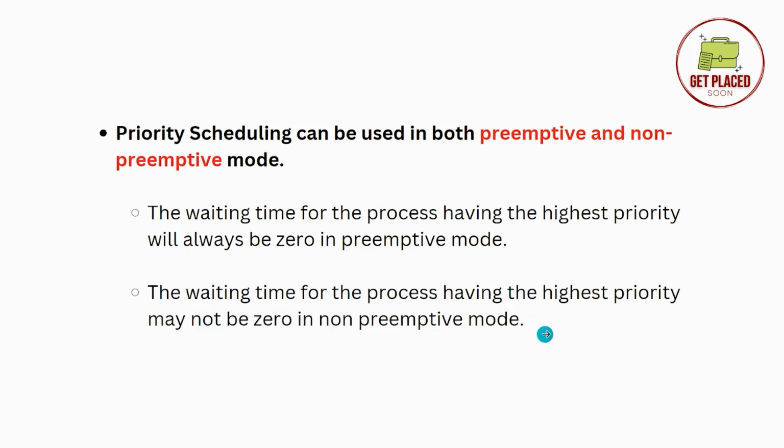When talking about non-preemptive mode, it may or may not be 0. For example, consider process P1 is arriving first, but process P2 with the highest priority is not arriving right now. It will be arriving a little bit late. Then the waiting time for the process with the highest priority is not 0. I hope you understood this point.